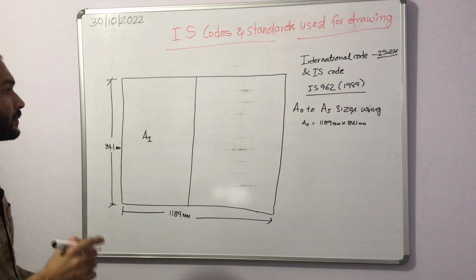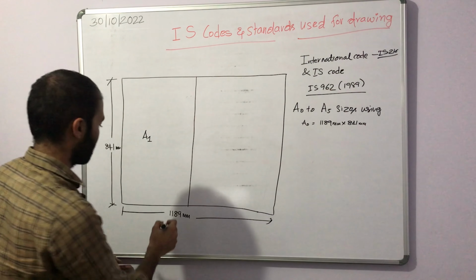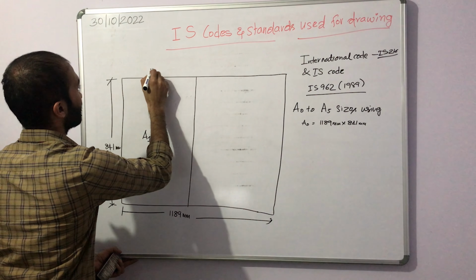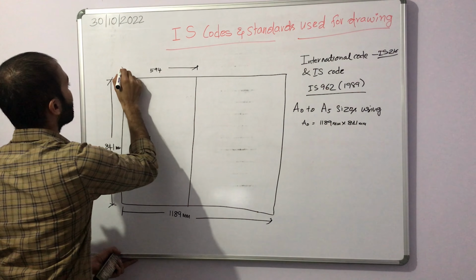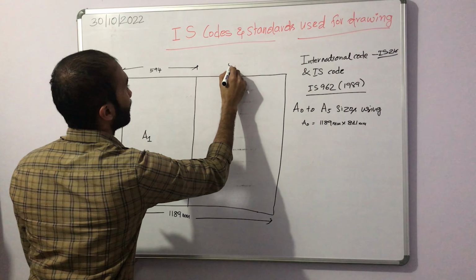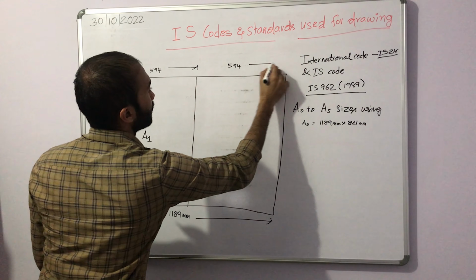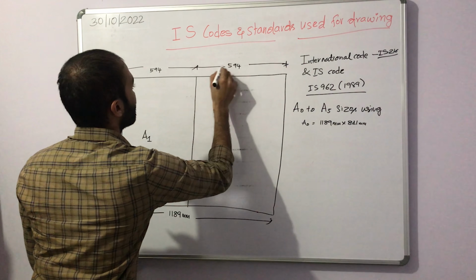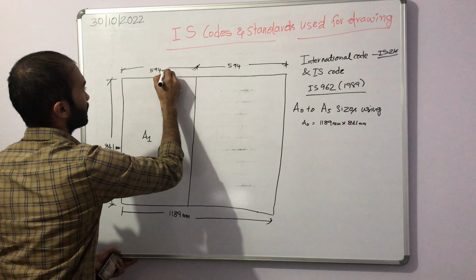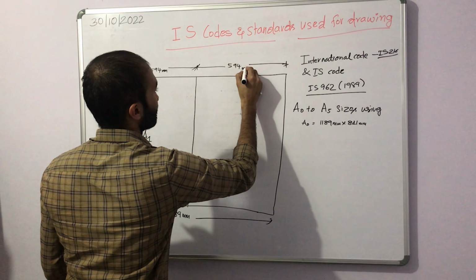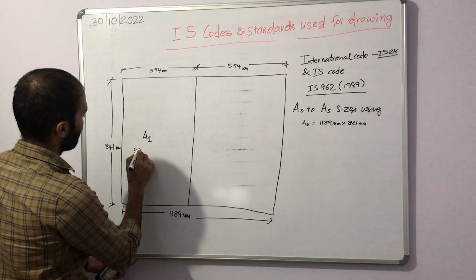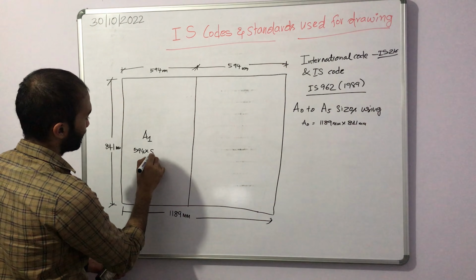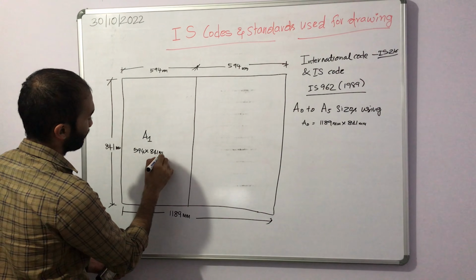I am splitting it here into 594 and 594, all in mm. So the A1 dimension is 594 by 841 mm.